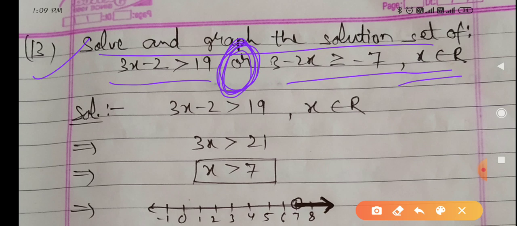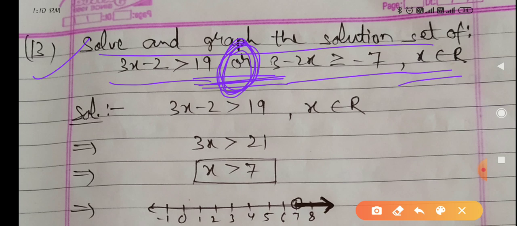OR means you have to take the values of x obtained from both the inequations on the same number line, and then it will be the graph of an OR type question.